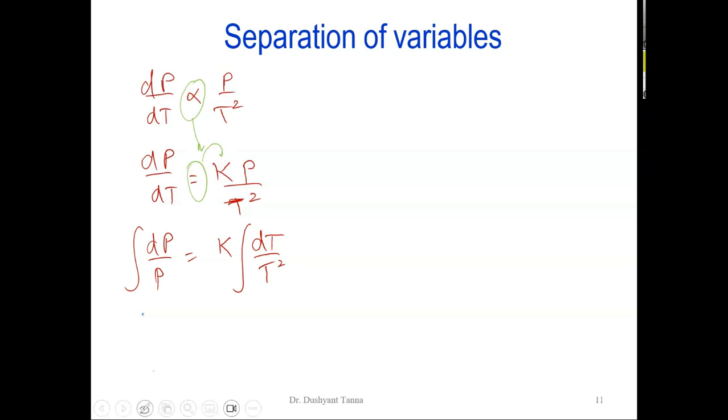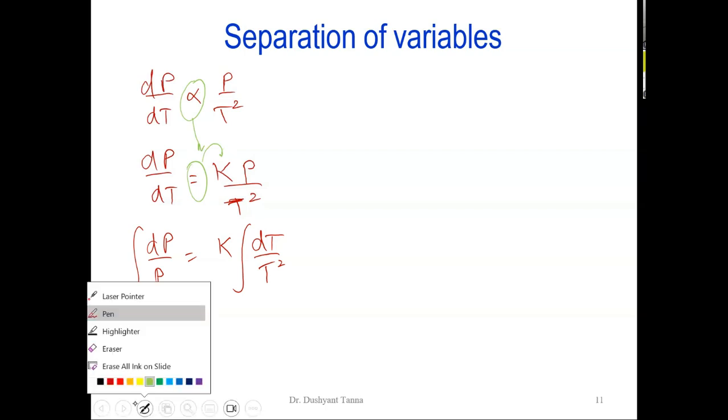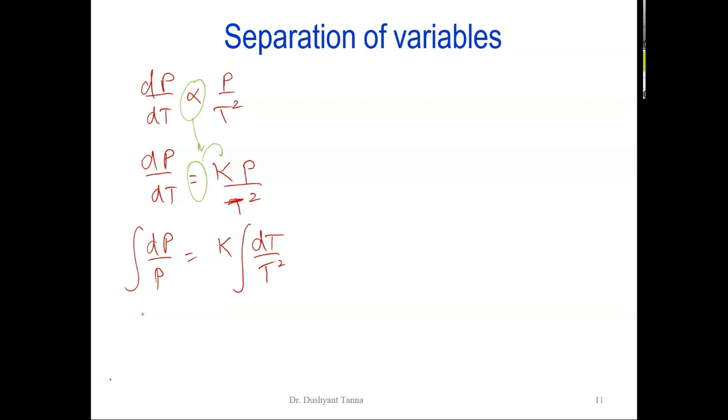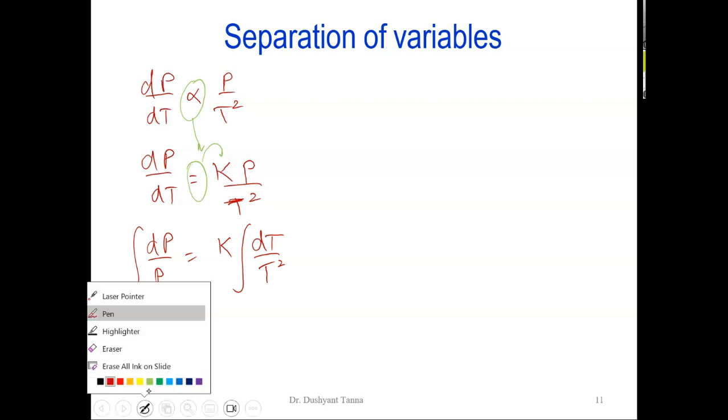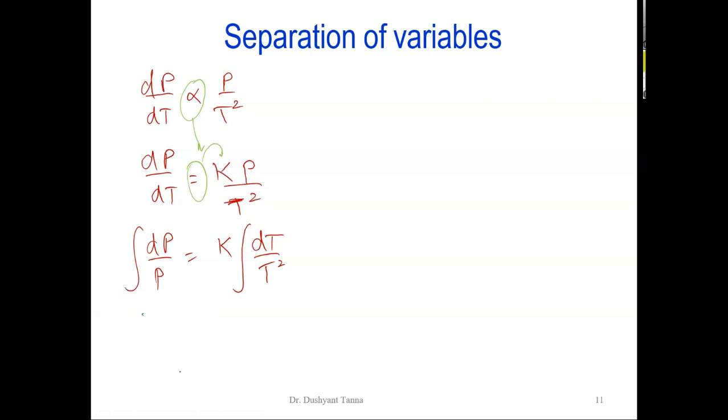Now, so we kept the k outside. Time for refreshing. You can pause your recording if you want to and refresh from memory. What is the integration of this? x power n dx is equal to x power n plus 1 over n plus 1 plus c.